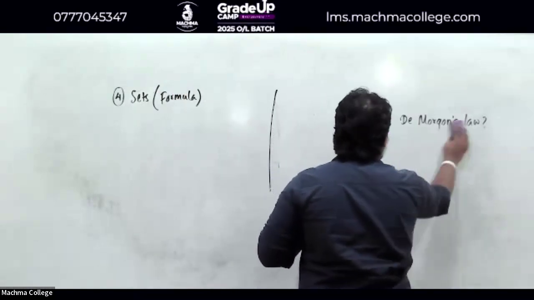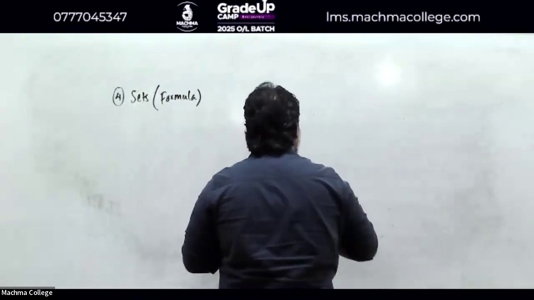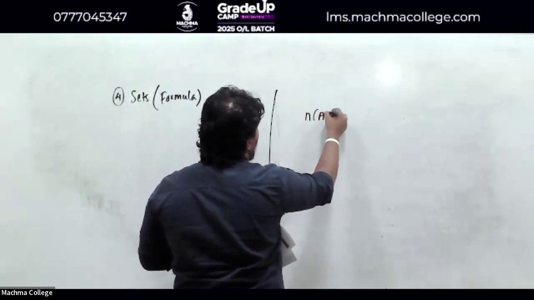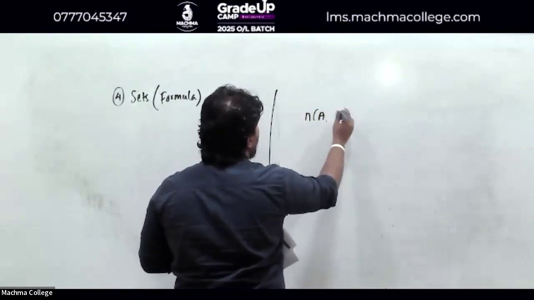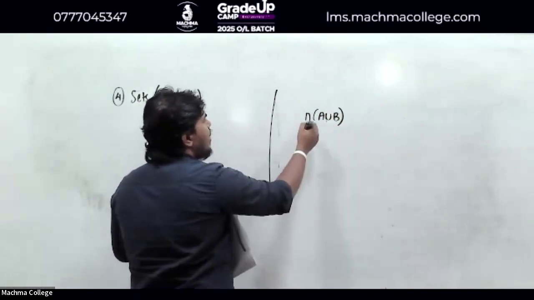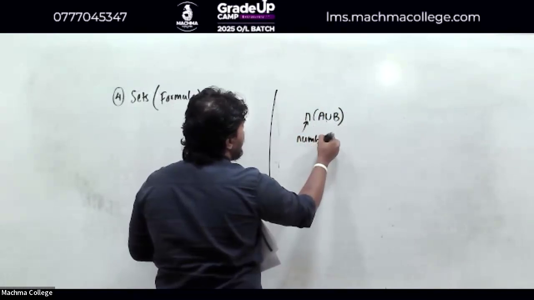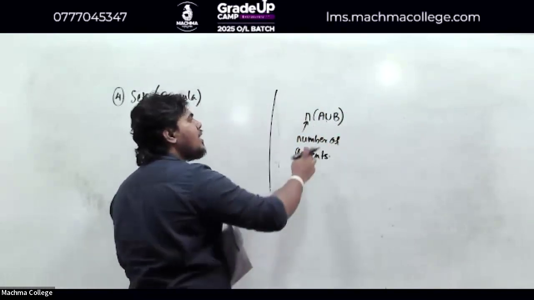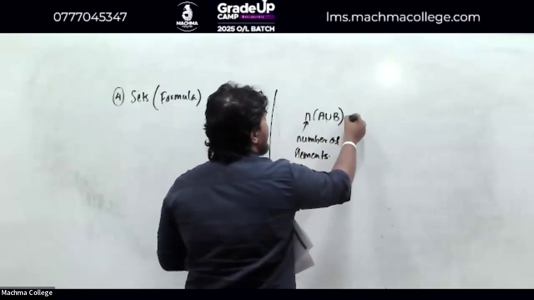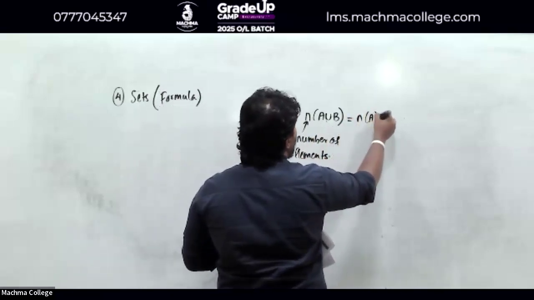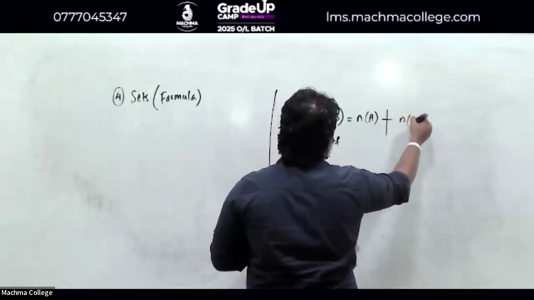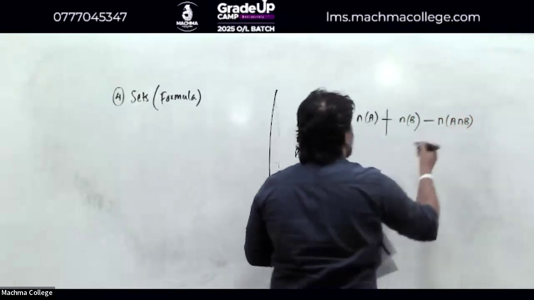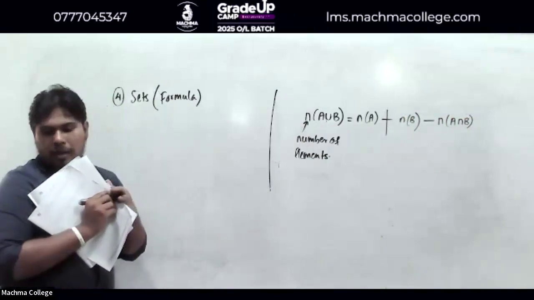We have a similar formula in probability also. n(A union B), where n means the number of elements, is equal to the number of elements in set A plus the number of elements in set B minus the number of elements in A intersection B. You have to remember this formula.